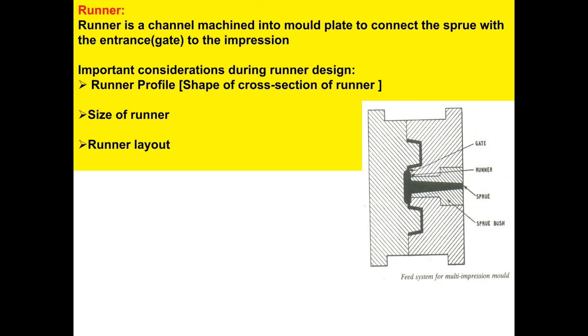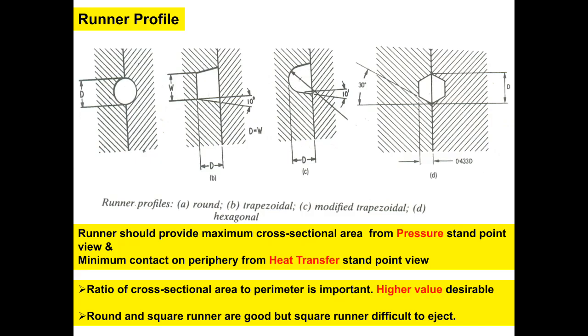The cross section of the runner may be circular, that is round, square, hexagonal, trapezoidal, or semicircular. Then the size of the runner and the runner layout. These are the different runner profiles. Figure A represents the round runner, figure B the trapezoidal runner, figure C the modified trapezoidal runner, and figure D the hexagonal runner.